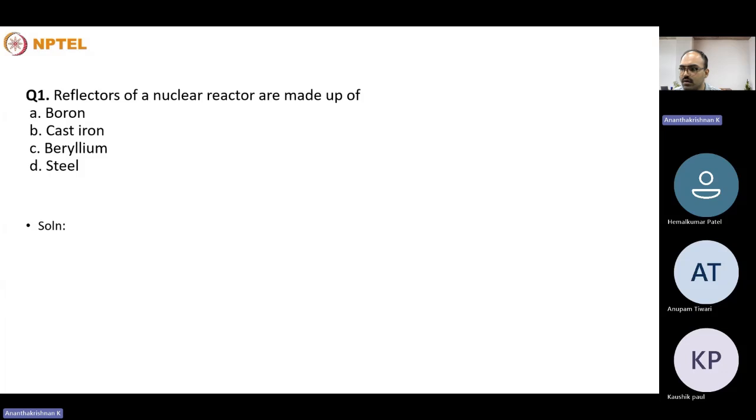So have you gone through the problem and identified which out of the four options is the right one? The question is regarding the reflectors of a nuclear reactor. These are made up of boron, cast iron, beryllium, steel.